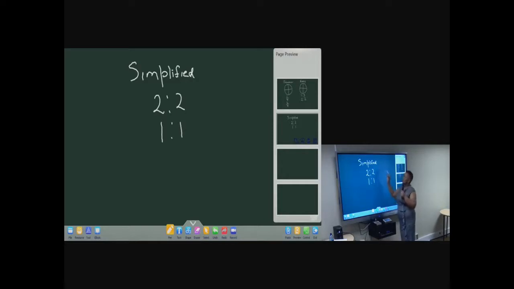Meaning, to simplify a ratio means you divide both values of a ratio by your highest common factor without a remainder.